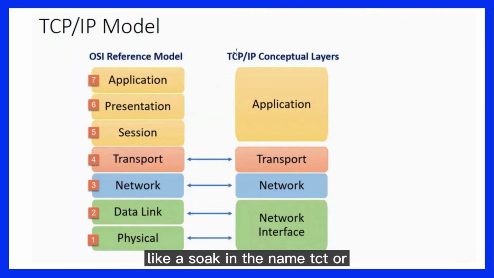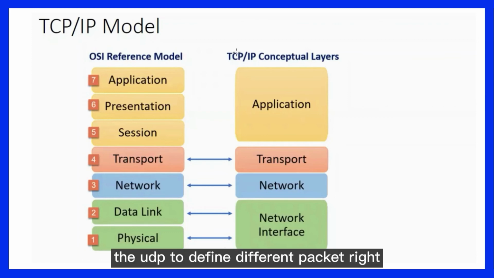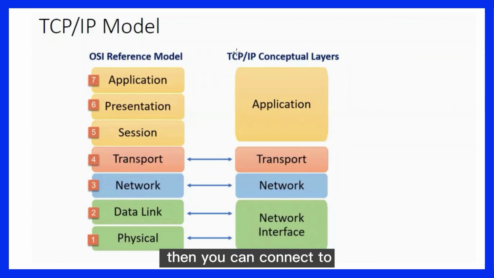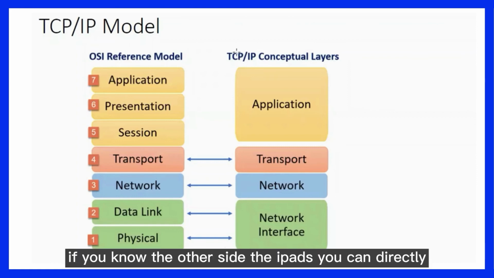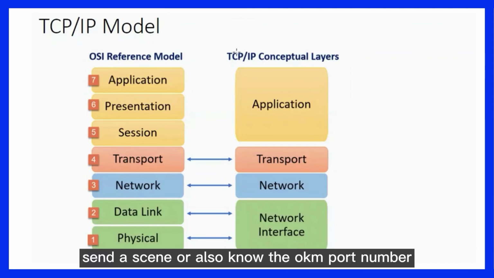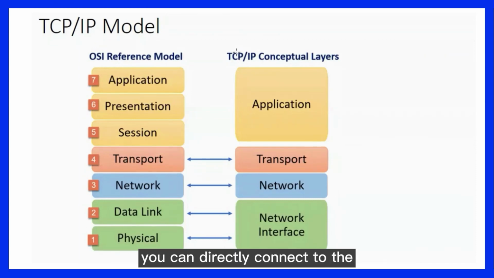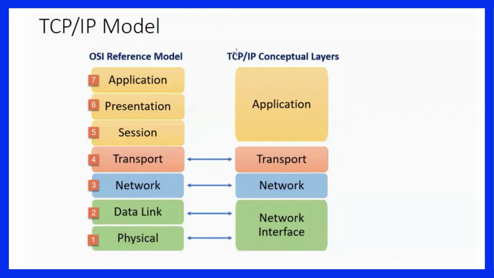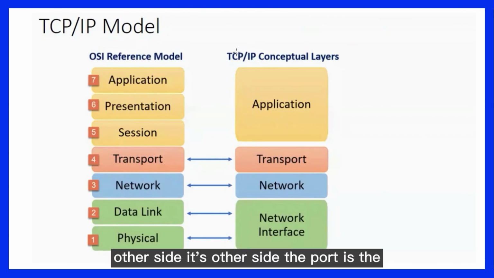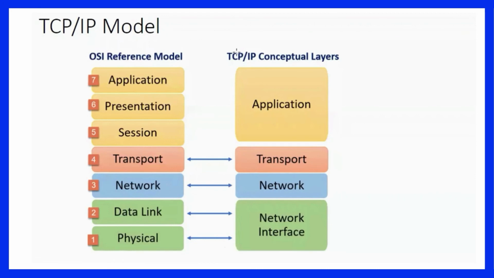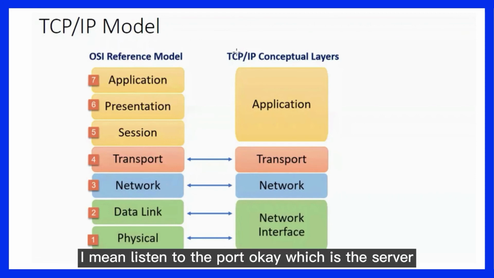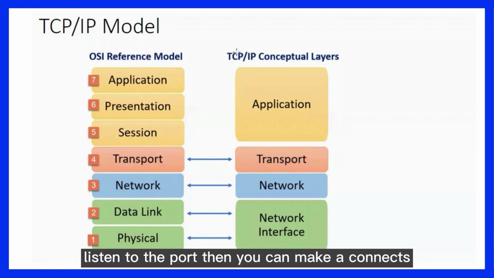You use TCP or UDP to define different packets. If you know the other side's IP address, or also know the open port number, you can directly connect to the other side, if the other side is listening on the port, which is the server listening on the port. Then you can make a connection.